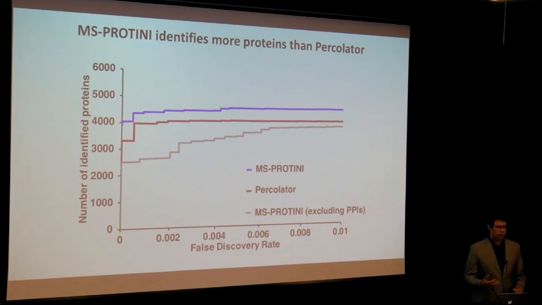There are proteins that are still not very well characterized and will have no interactions in a database like BioGrid. So we were curious to see, would we simply toss those out? Would we completely bias our data set so that we would only be able to identify proteins that have known interactions, which would obviously not be ideal?